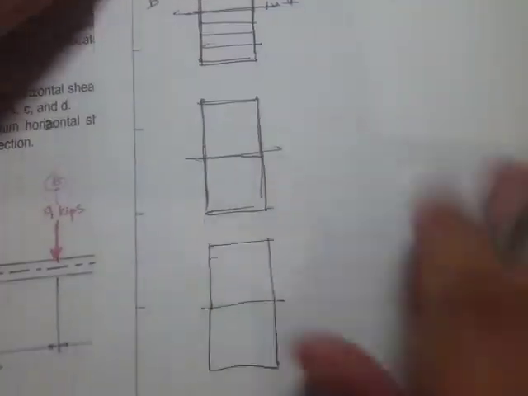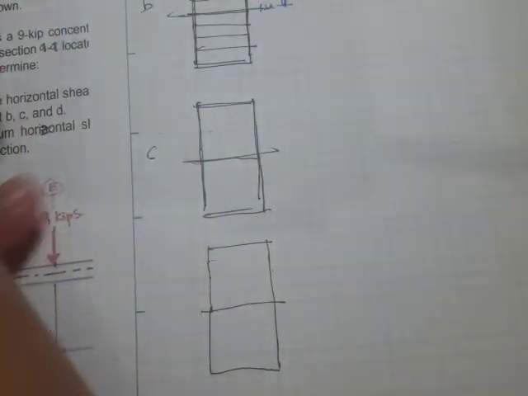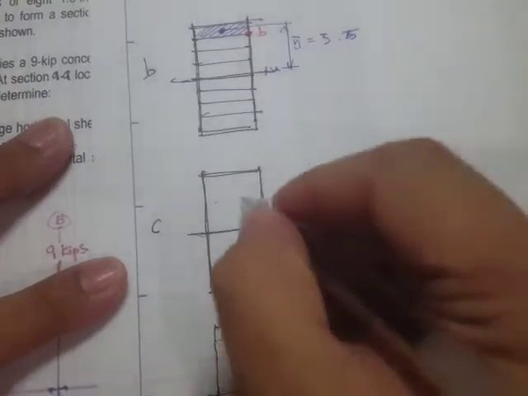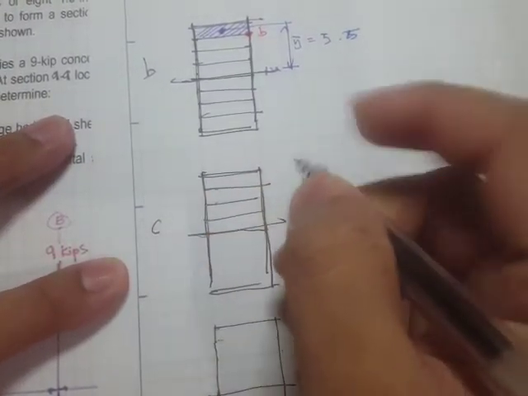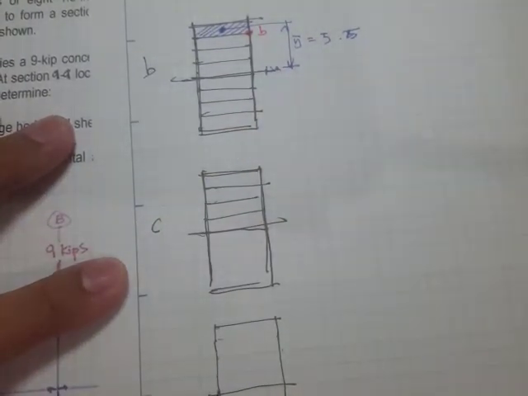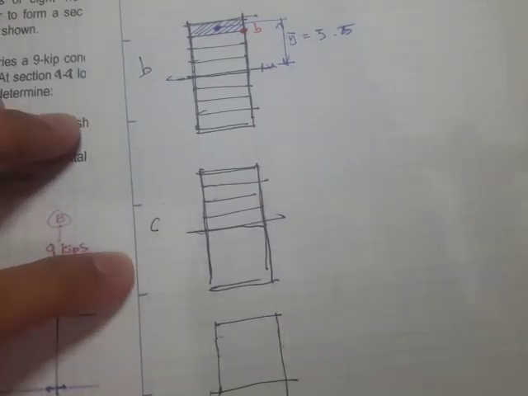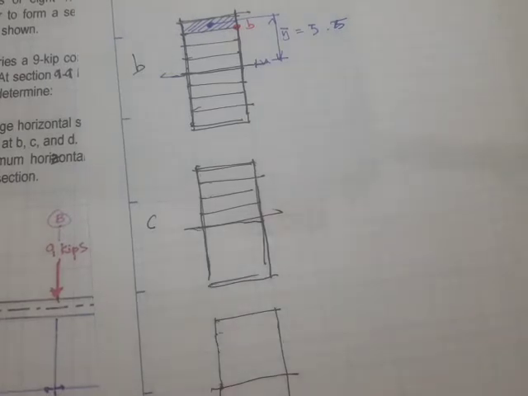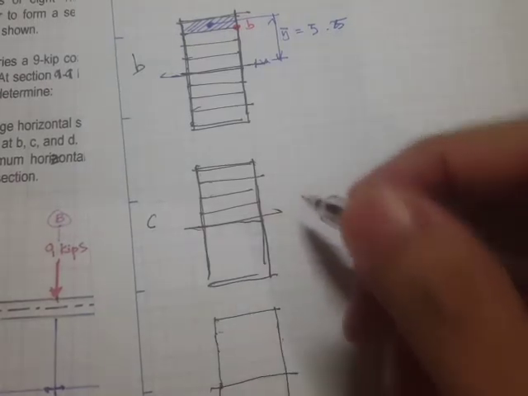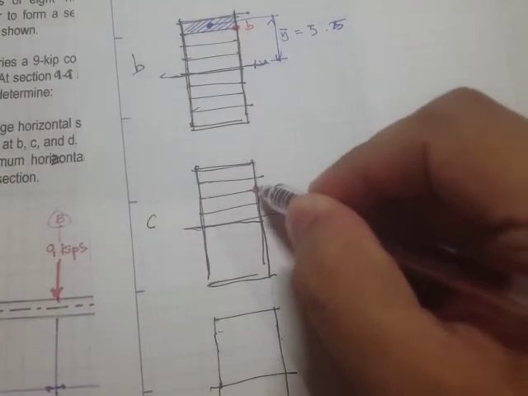And for point C, we have four planks again. So for point C, where's our point C? It's right here.